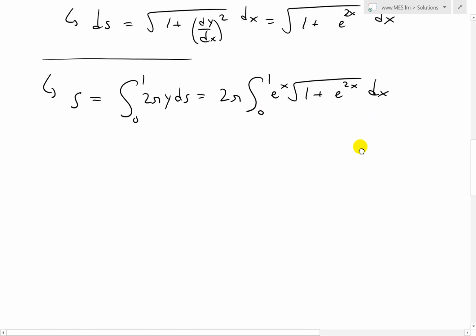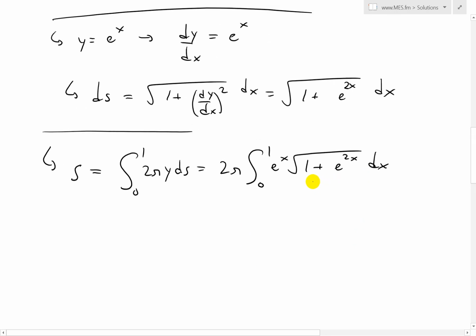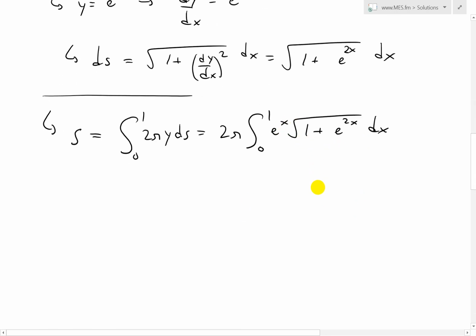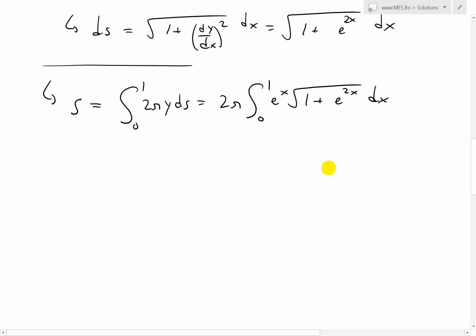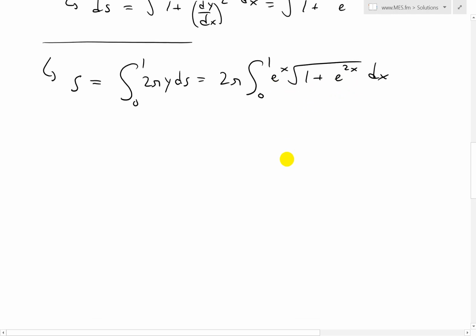Now in solving this, this integral is not that straightforward, but what we can realize is that this e to the x in front, we can get rid of by using a substitution, because when you take the derivative of e to the x, you still get it, so you can cancel it. I'll show you how that's done.